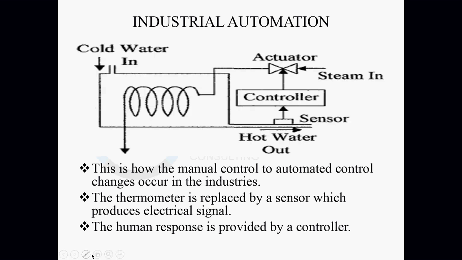Efficiency. Right, yes. Would you be able to explain that a bit as well? Why do you think it's an advantage? Why do you think that this is more efficient?